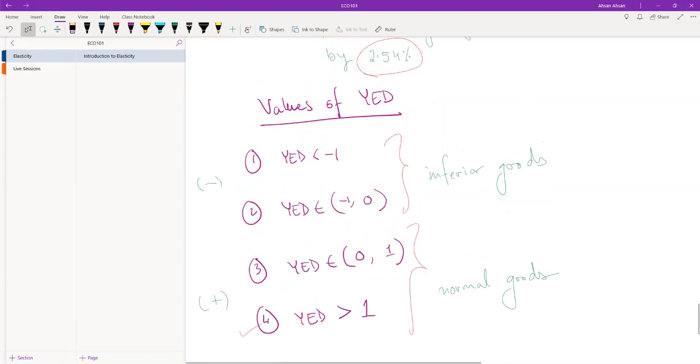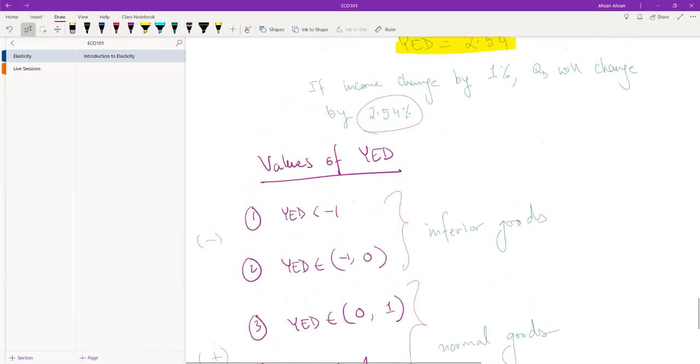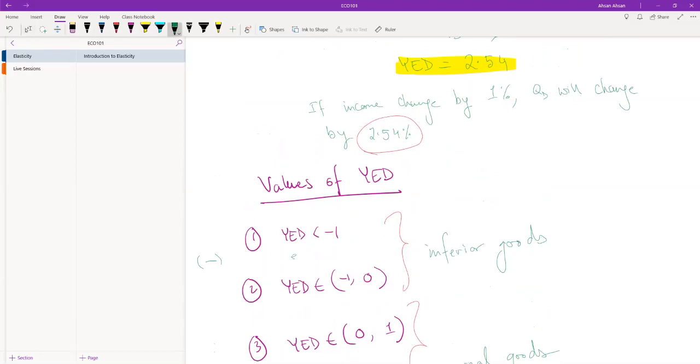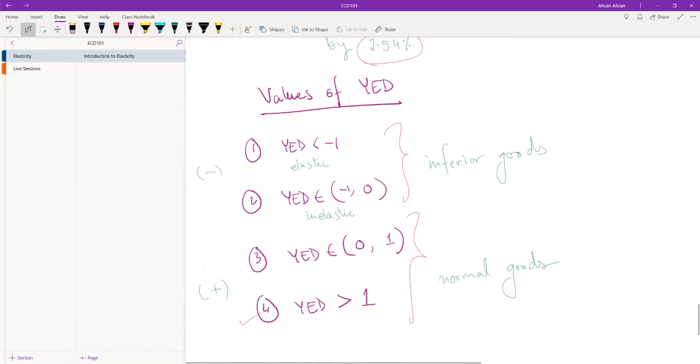And then the concept of elasticity also comes in. This is elastic, and this is inelastic. Similarly, this is inelastic. This here is elastic. I'm not explaining why 2 of these are elastic, why 2 of these are inelastic.